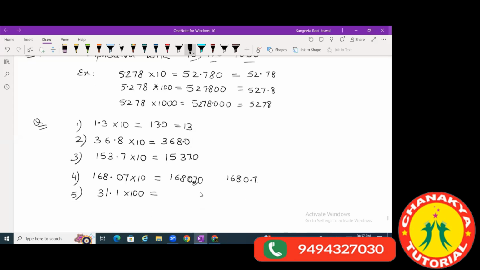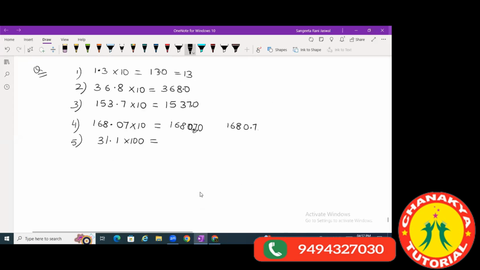Tell me this one now, Bhavesh. Tell me the fifth one. No calculation is required here. The answer is 3.11. Forget about the point. Don't put the point first.